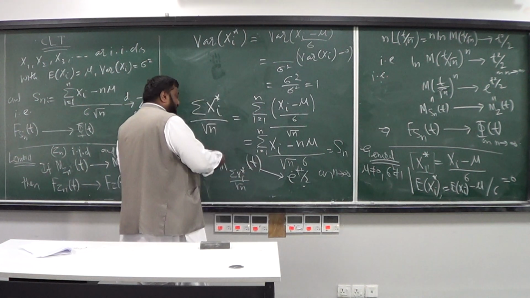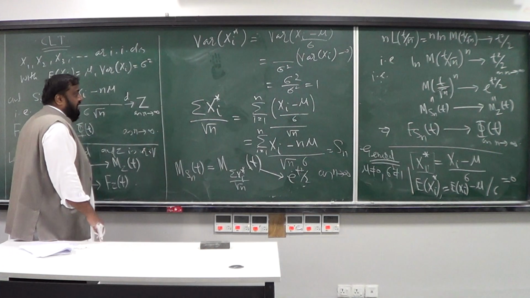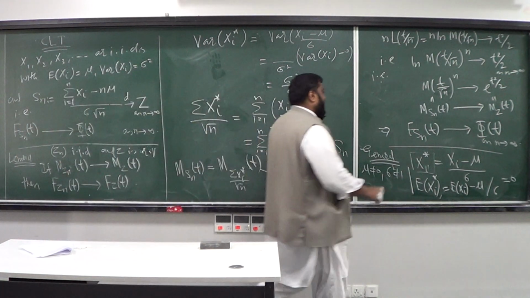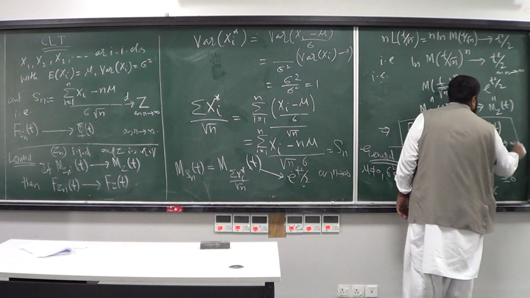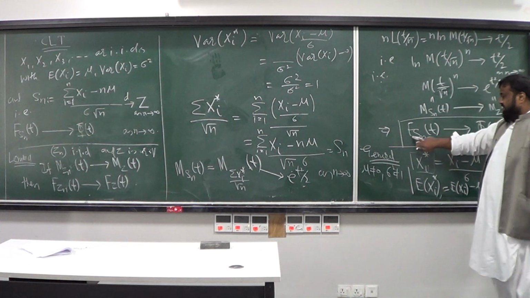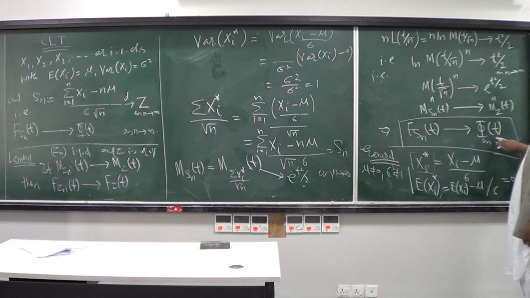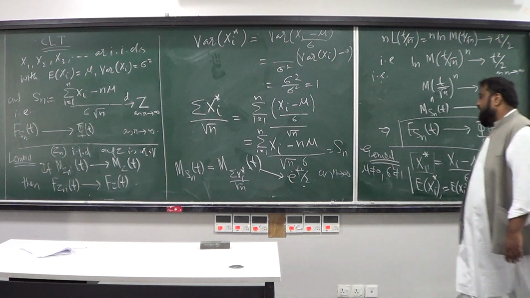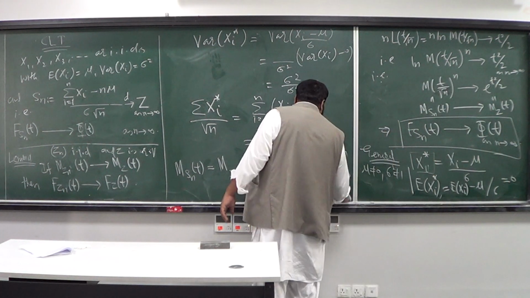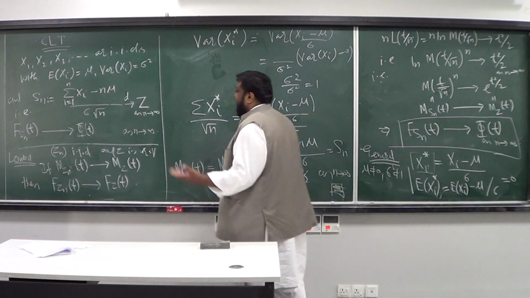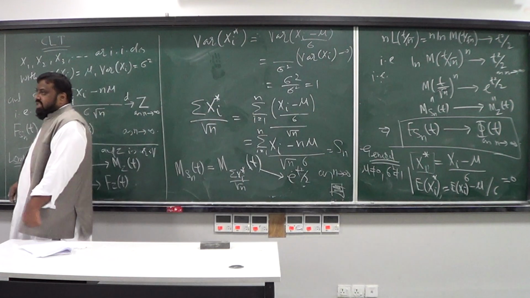And if this is the case, then by the lemma we proved, again in the general case, the distribution function of Sn converges to the distribution function of a standard normal random variable. And this really completes the proof of the theorem. We have proved the central limit theorem.